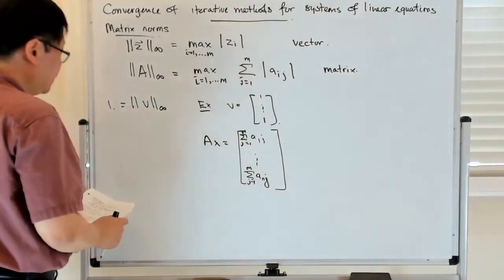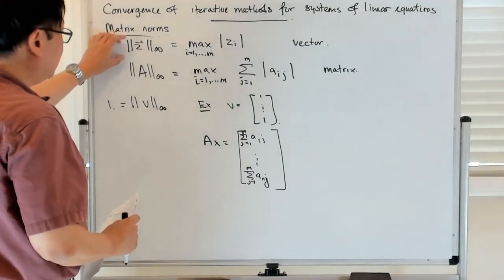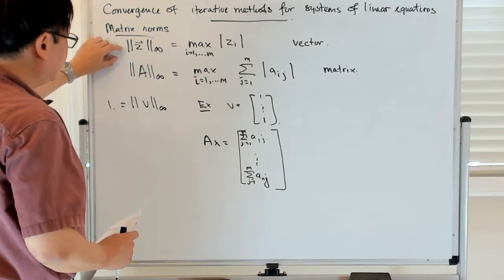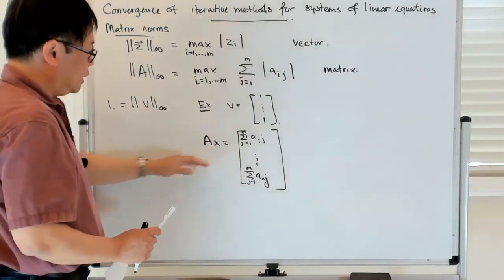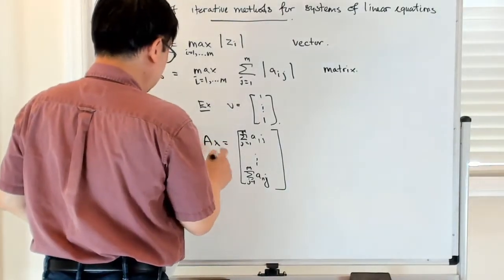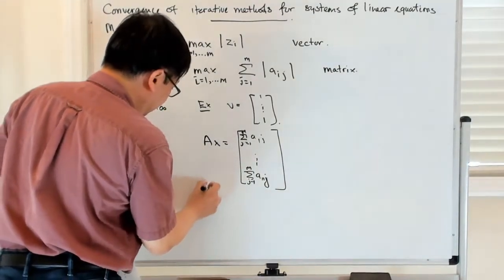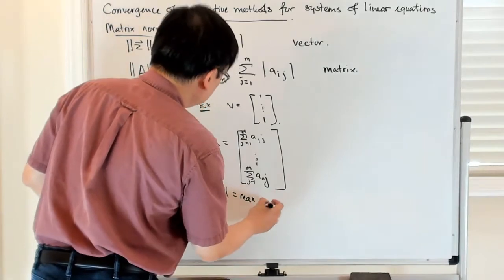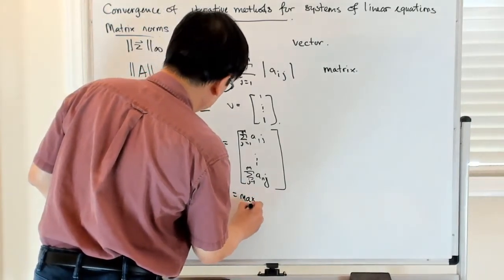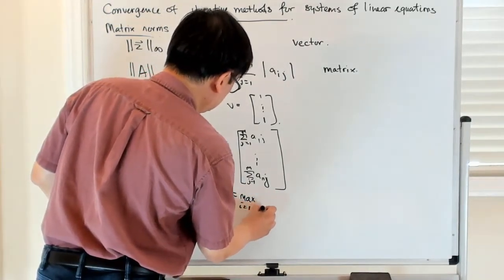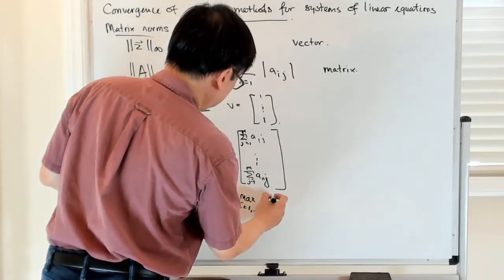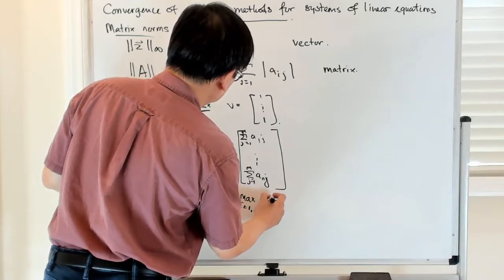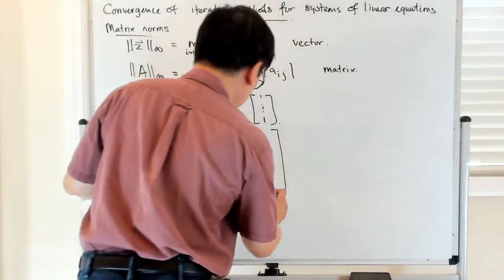Okay, all right. So in any case, given the infinity norm on the vectors, the norm of Ax is just the max over this sum.